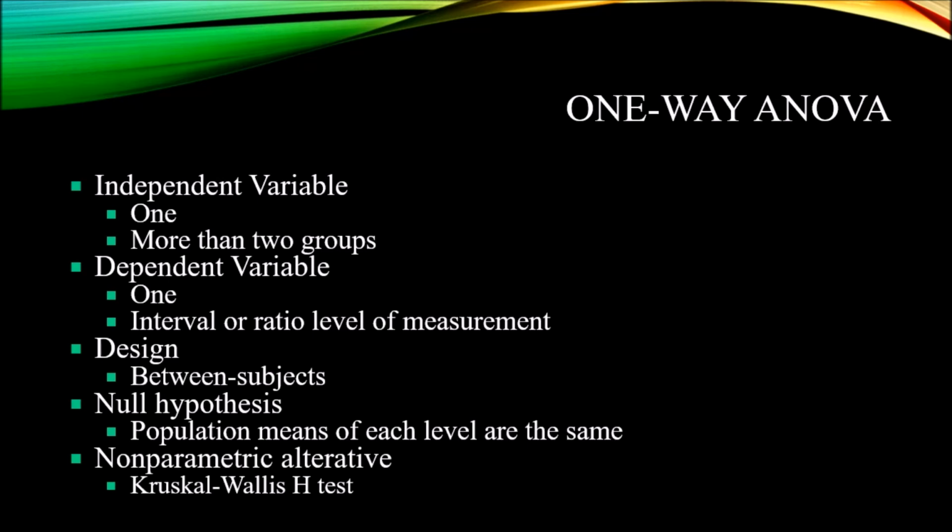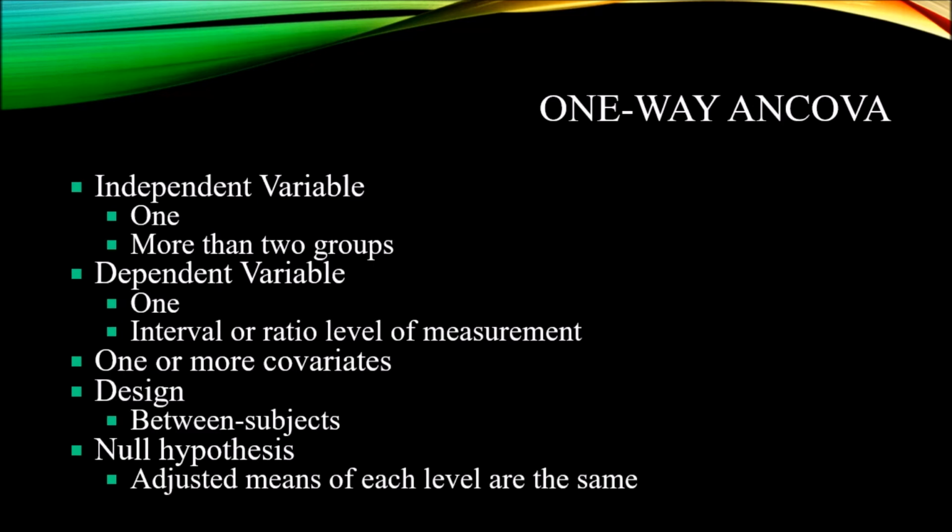Just the fact that there is a difference somewhere is what the ANOVA tells you. Now you could also have a difference between multiple pairs. So the difference doesn't have to be just between 2 of the groups. The difference could also be between multiple pairs. The one-way ANOVA also has a non-parametric alternative. It's the Kruskal-Wallis H-test.